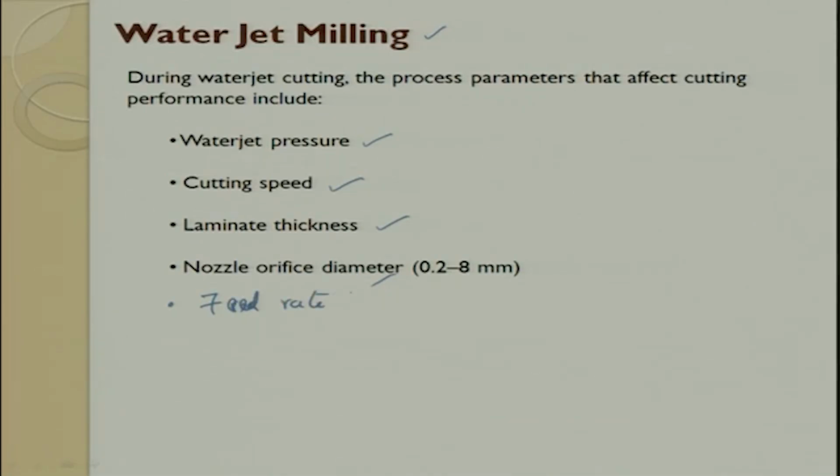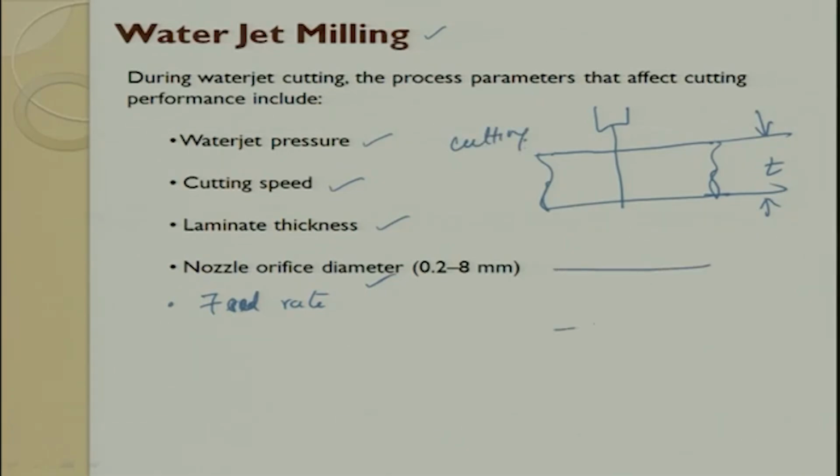plays a very important role. So, you do not allow a through cut to happen and get the required output. What I am trying to say is, suppose this is the workpiece and this is your thickness T. If you have a nozzle and through that nozzle it is done, this is called cutting.